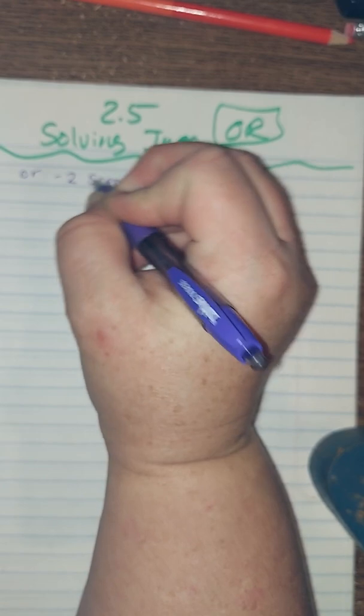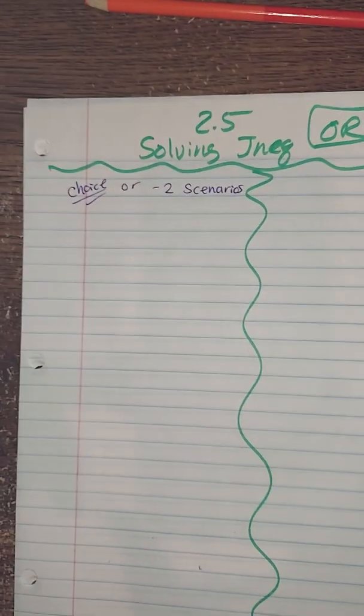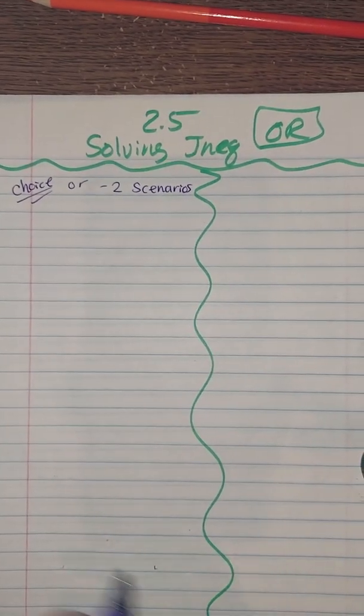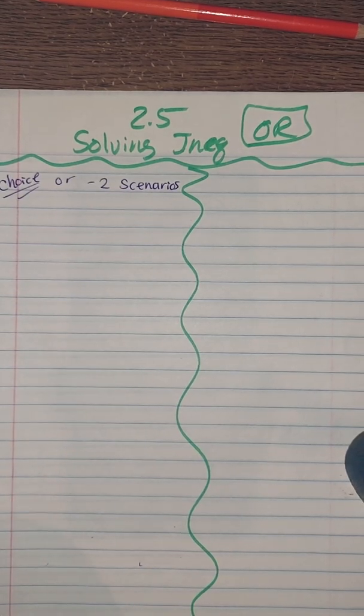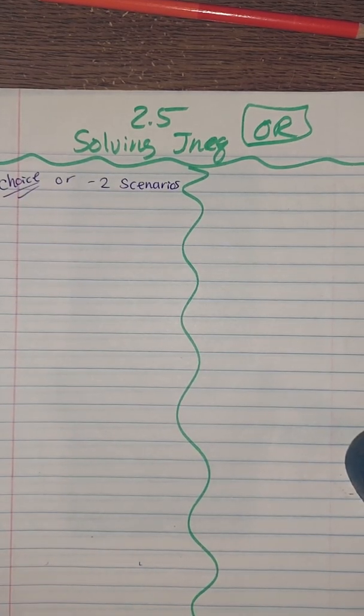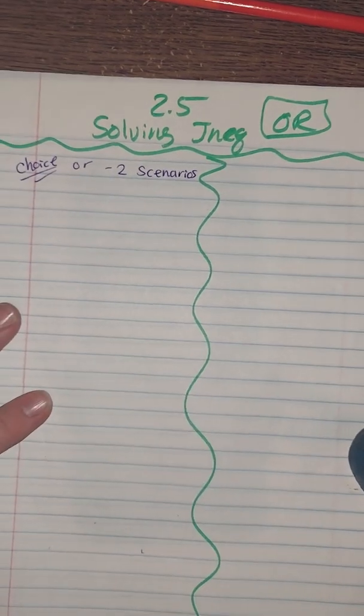You get this is a choice. Students tend to like these because you don't have to do the triple. It's just like solving two completely separate problems altogether. So not a big deal. So here's what we got going on.